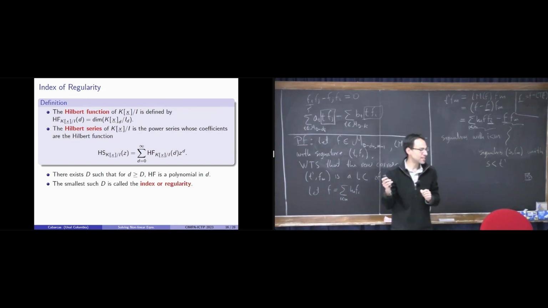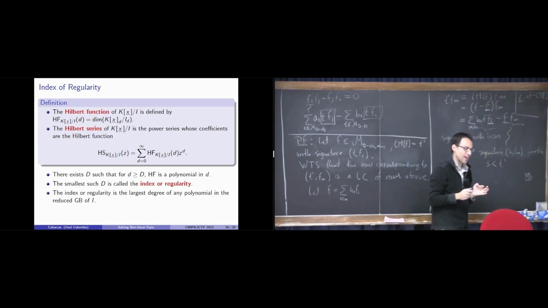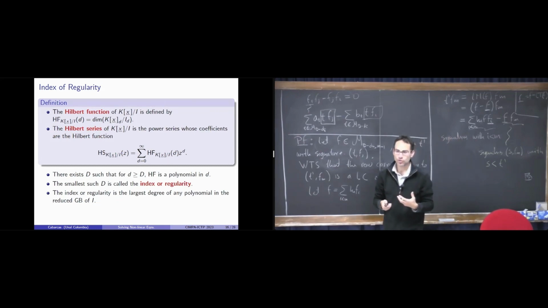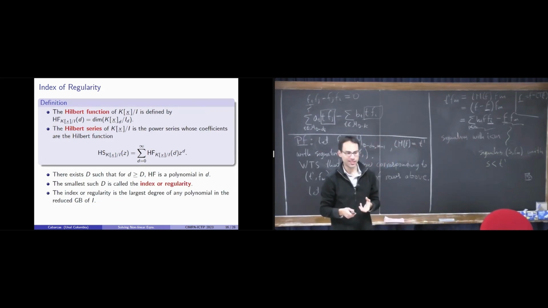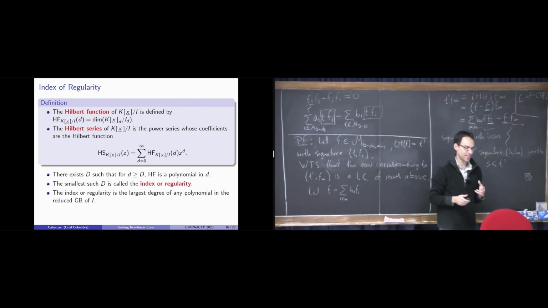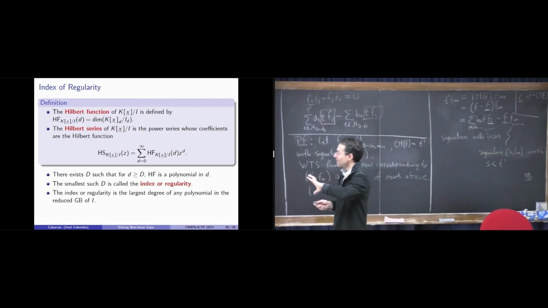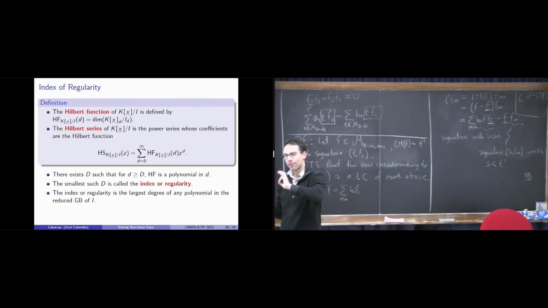And the smallest such degree D is called the index of regularity. The index of regularity is the largest degree of any polynomial in a reduced Groebner basis of the ideal. That's why this idea of the Hilbert function is so important, because it gives us the largest degree of any polynomial in the reduced Groebner basis of the ideal.